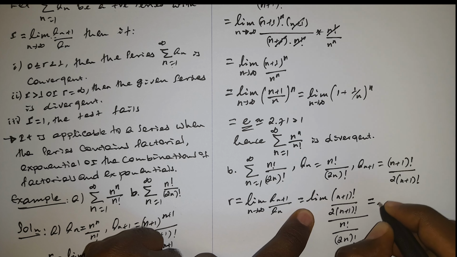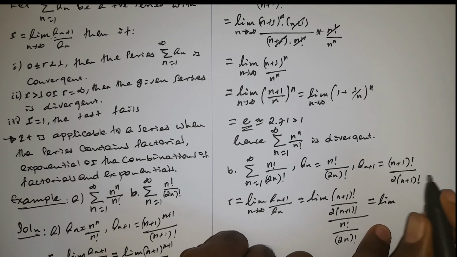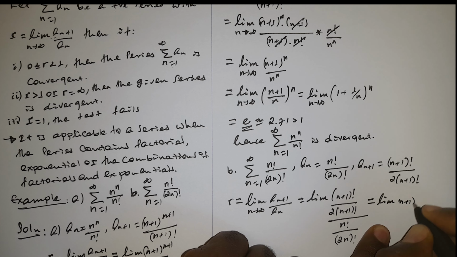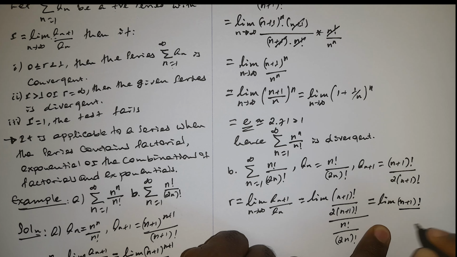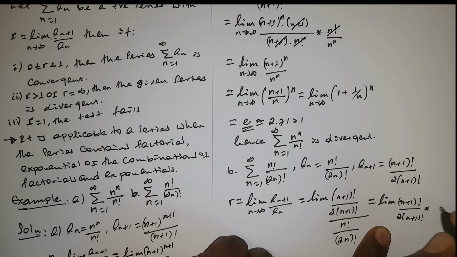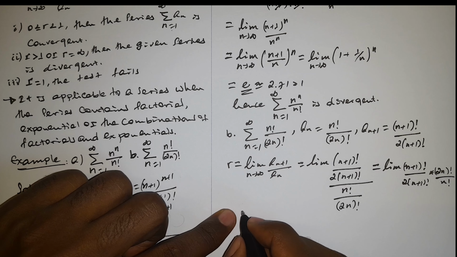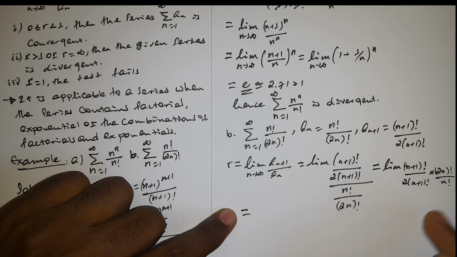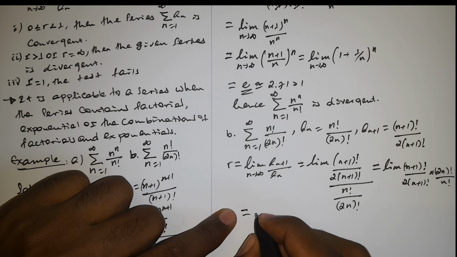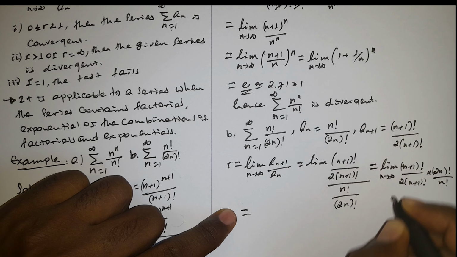This is equal with limit of n plus 1 factorial over 2 into n plus 1 factorial times 2n factorial over n factorial, as n runs to infinity.